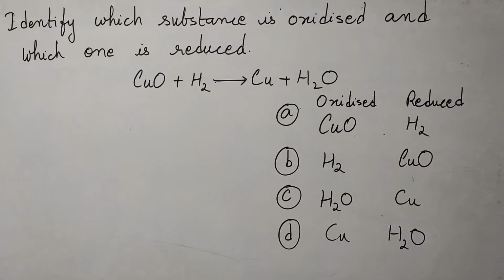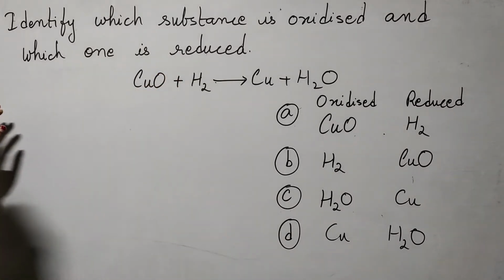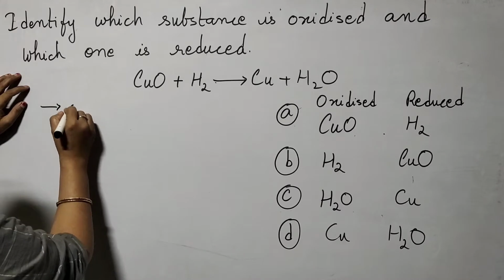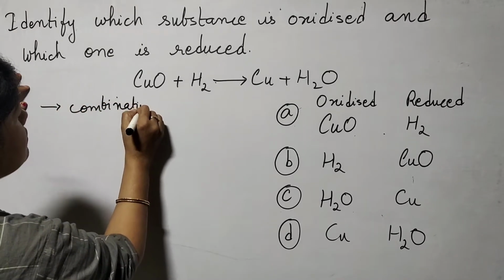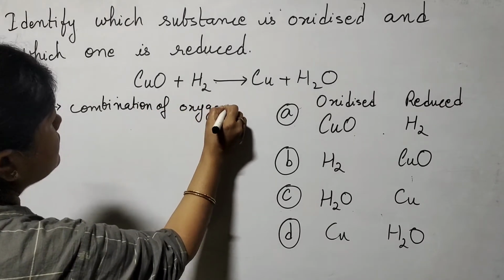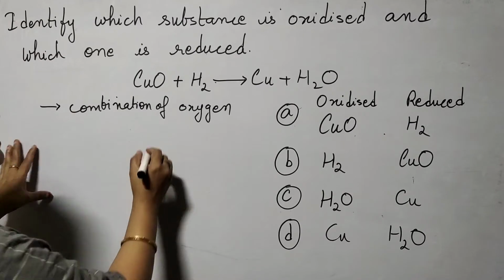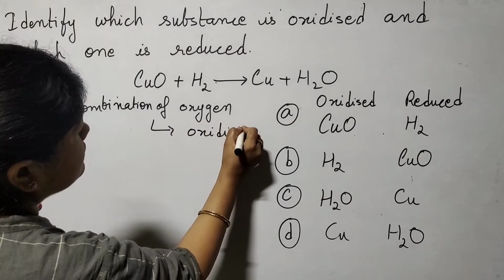Identify which substance is oxidized and which one is reduced in the given chemical equation, and we have four options. Now, how will we find which substance is oxidized? When there is a combination of oxygen, that means when there is addition of oxygen, that substance is oxidized.